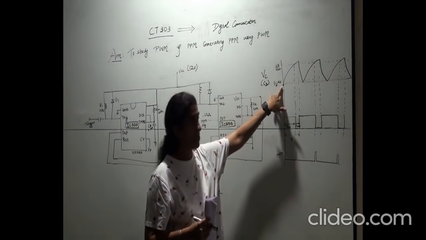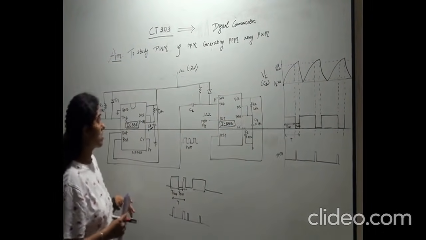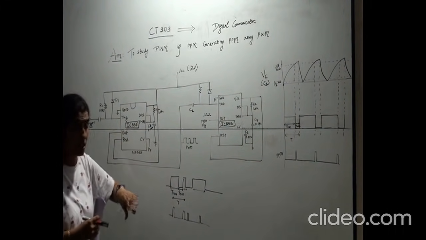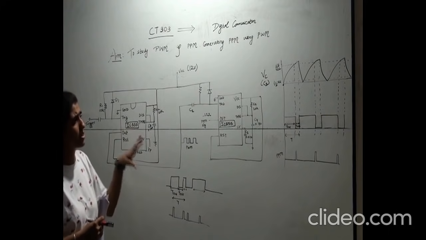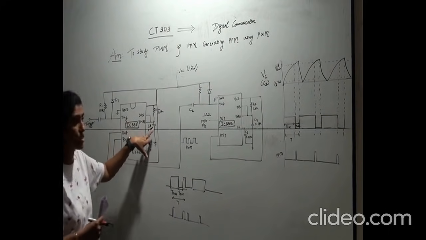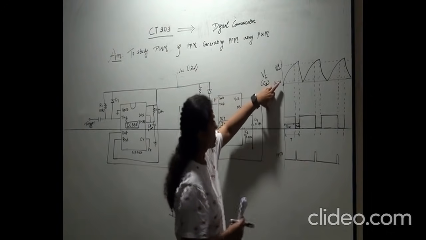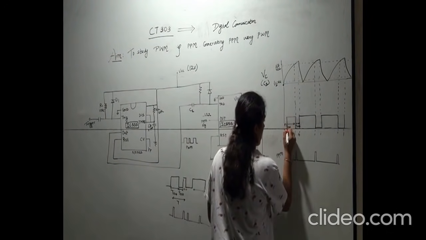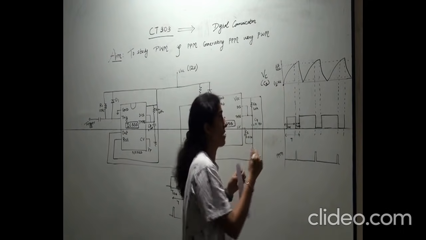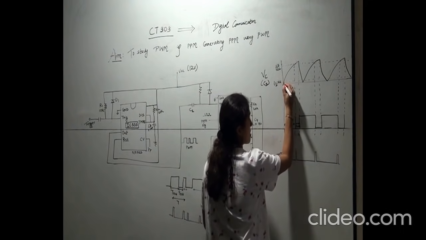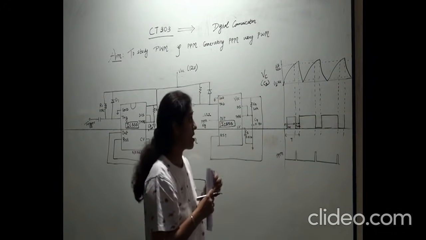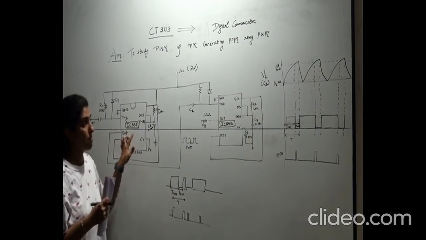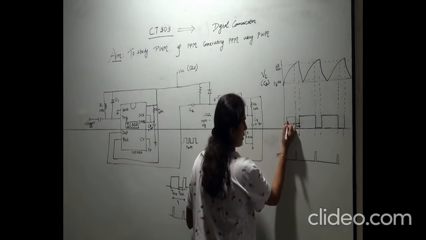Since the voltage is low, the transistor is in the on condition, and because it is on, the capacitor starts charging. As the capacitor voltage increases towards 1/3 of VCC, the output voltage over here is high.